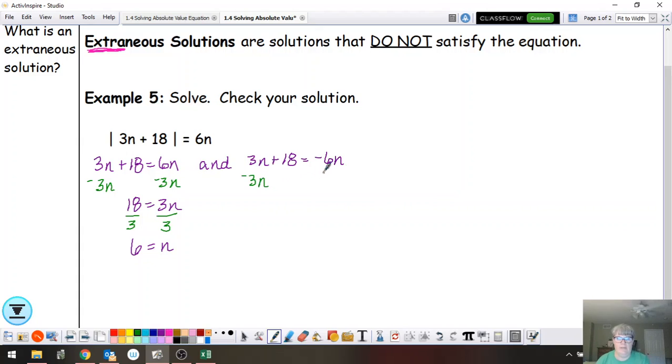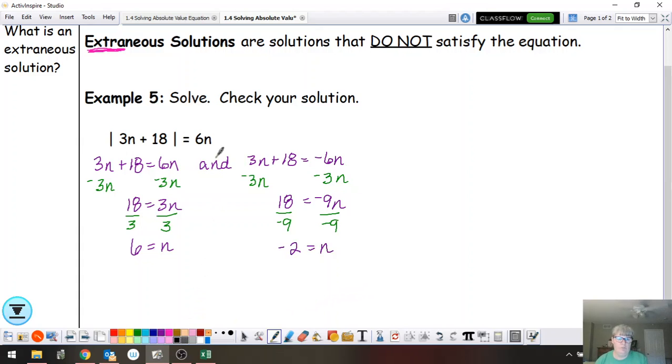Start by subtracting 3n on each side, and we have 18 equals negative 9n in this case, and then we divide each side by negative 9, and a positive divided by a negative gives us a negative 2 equals n.